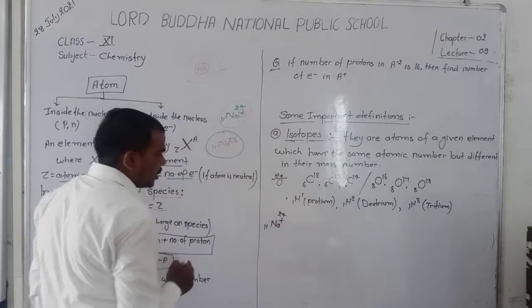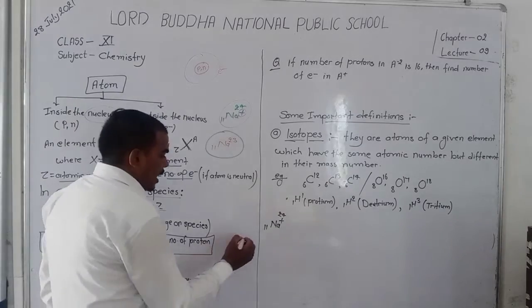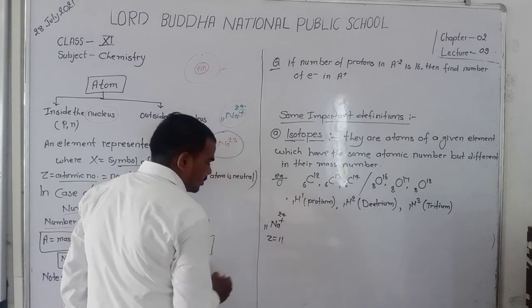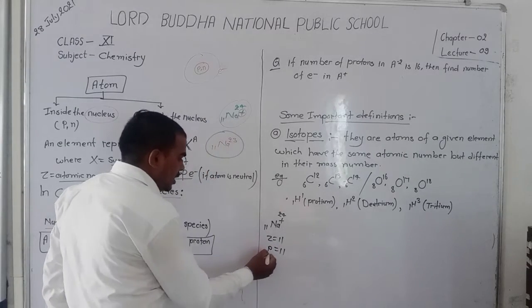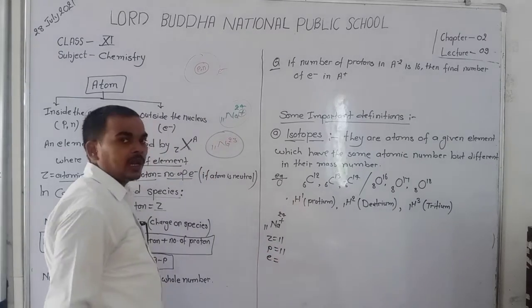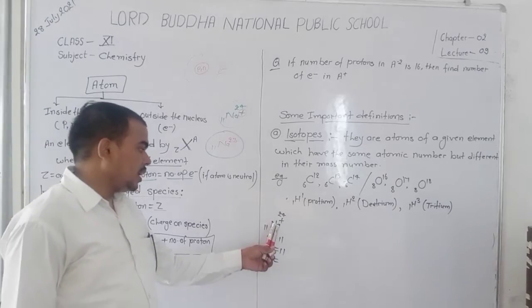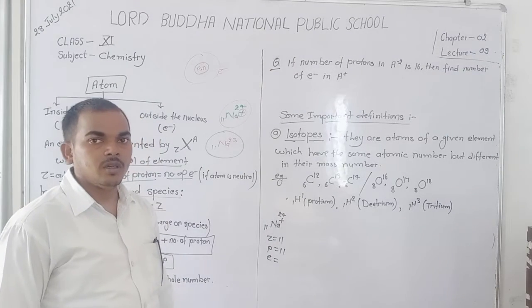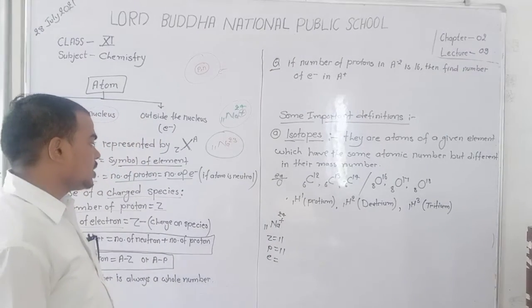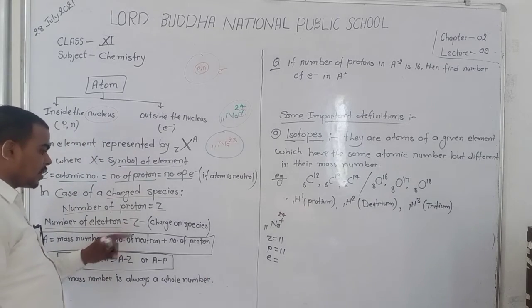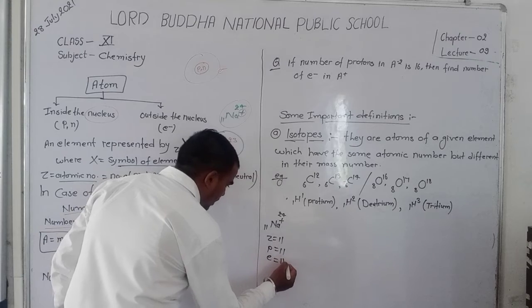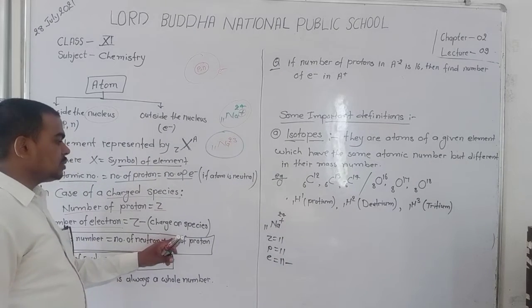Dear student, for 11Na24 with a positive charge, the atomic number is 11, the proton number is 11, but the electron number is not 11 because it is a charged species. For the counting of electrons, first write the atomic number, that is 11, minus the charge on the species.